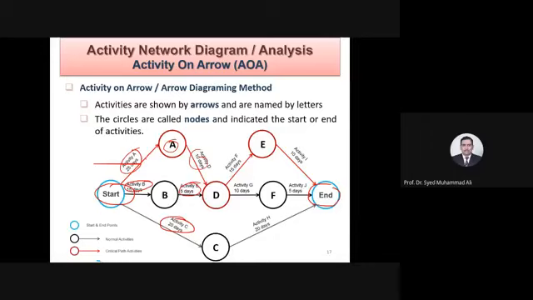Now, if you ask me why from start to A and from A to D and then D to E, why not A to E? Sir, this is just a generic example. You will have your own actual project.